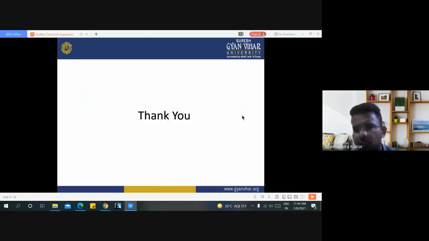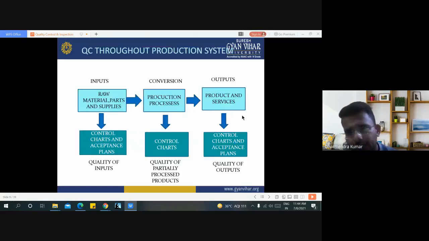For the final product and service we get from the manufacturing plant or production unit, we check the quality of outputs. Here we also make a control chart and acceptance plans, to see how much deviation of quality of any product occurs compared to our pre-described characteristics of that product.